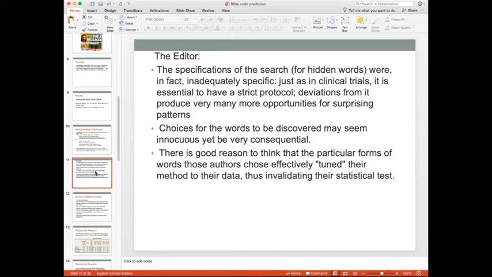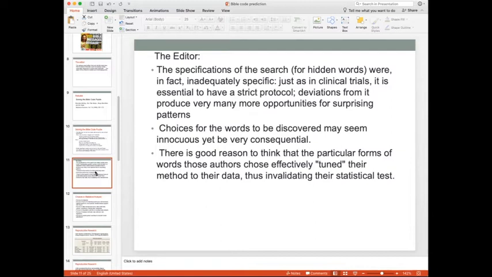And choice of the words to be discovered may seem innocuous, yet be very consequential. And so there's good reason to think that the particular forms of words those authors chose effectively tune their method to their data, and thus invalidate their statistical tests.